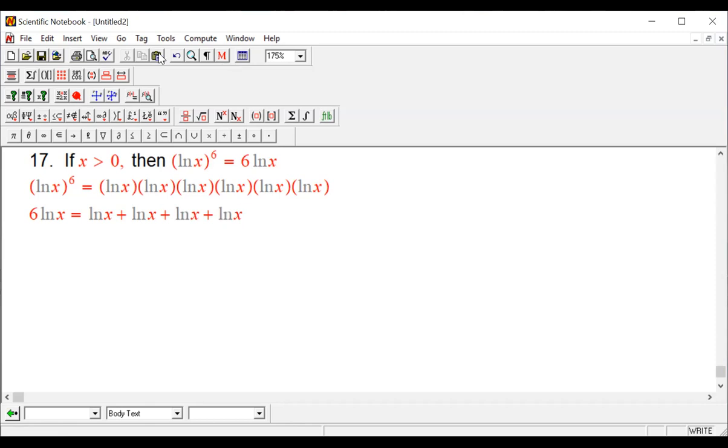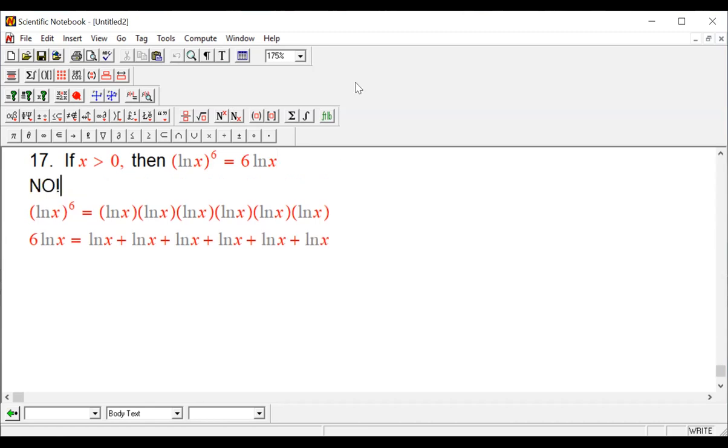The point of confusion here is that the latter expression actually equals ln x raised to the power 6.